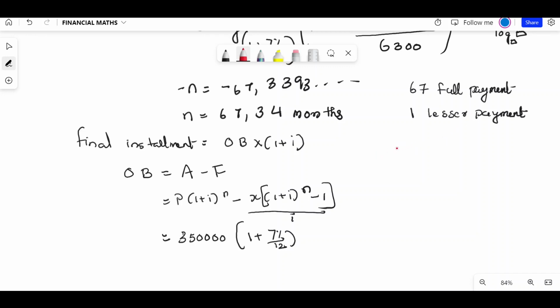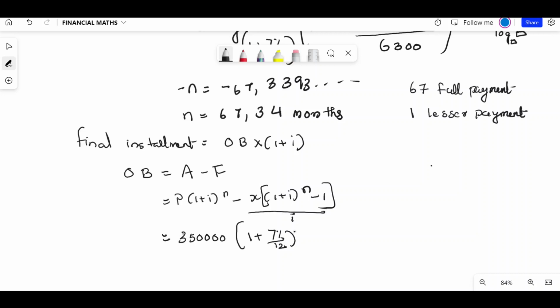So the last question is to find that lesser payment, that is the final payment here. 67,34 months payments means 67 full payments of, because we already know the monthly payment here was 6,300. So 67 monthly payments of 6,300, and the last payment is going to be less than 6,300, and that's what we are going to find here in the final installment.